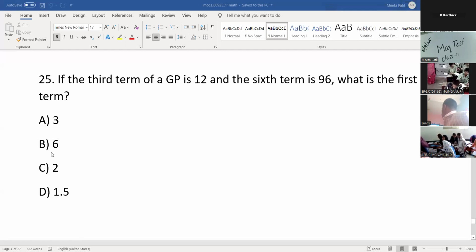Option A 3, option B 6, option C 2, and option D 1.5. Okay, so these are all the 25 questions.